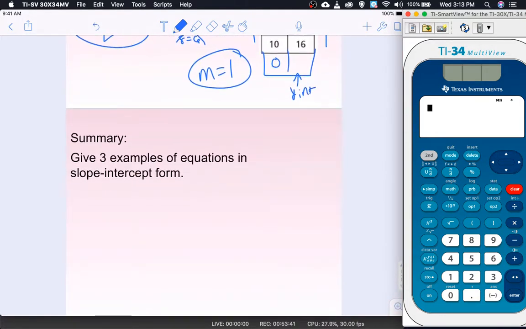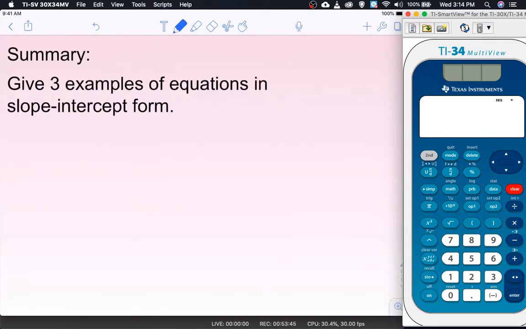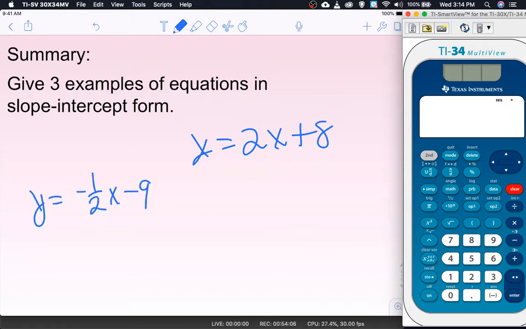For the summary, could you please pause the video and give me 3 examples of equations in slope-intercept form? Make them up. Just draw or write, make 3 equations that look like slope-intercept form right now. Y equals 2x plus 8. Y equals negative 1/2 x minus 9.